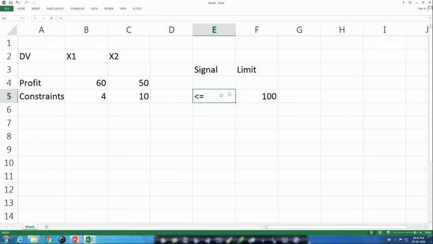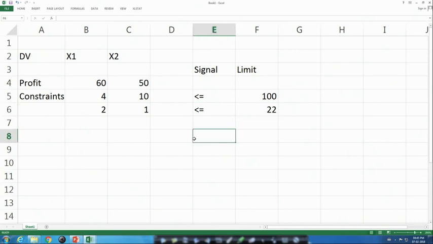If you put greater than, by default the indication is that it is the minimum requirement of this particular resource allocation. Then come to the second constraint, that is the inspection constraint, and for that 2 units of x 1 and 1 unit of x 2, and the constraint is less than type, and the limit is 22.